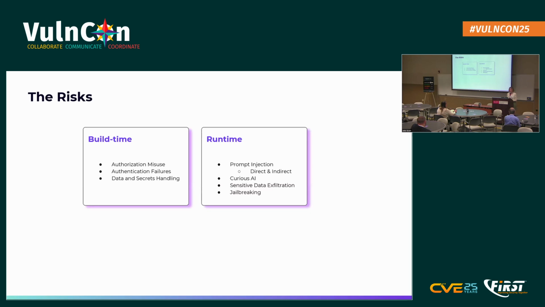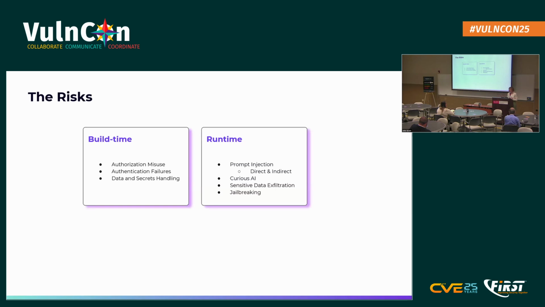Sensitive data exfiltration, jailbreaking, all these things happen in runtime. But what I love about runtime is that the choices that you make when you build the thing increase or decrease the attack surface of your runtime risk. Because you can make choices that make this thing more secure or less. And all of that goes into it when it actually takes place and it's starting to do its job.